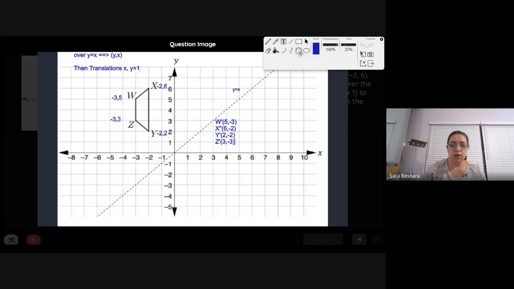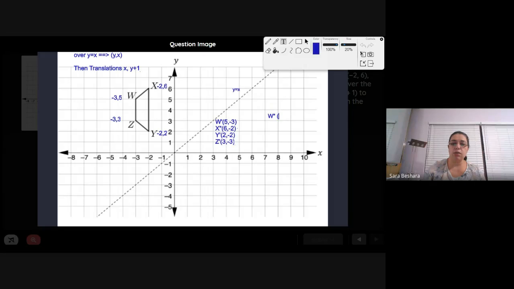Now I'm going to do the second transformation. When the second transformation happens, we no longer use the first figure. We now use the prime figure in order to find the double prime. So this is the double prime figure. The second transformation was just a translation.